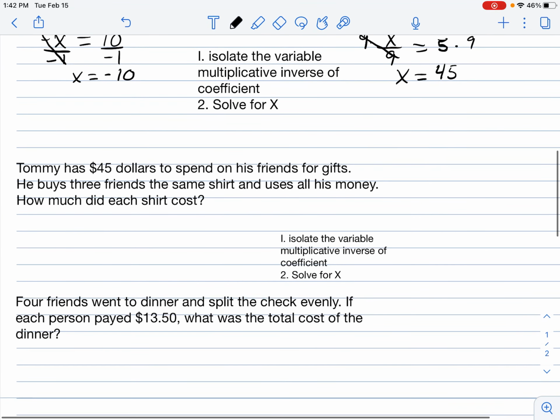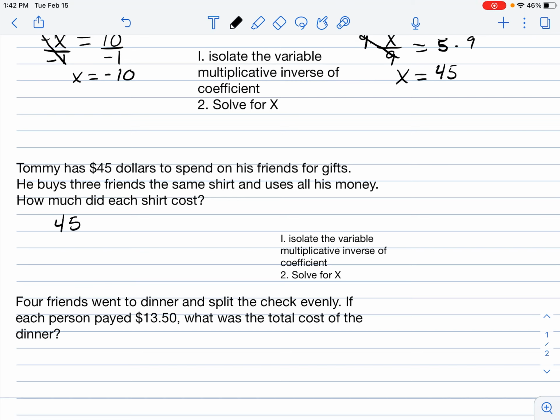Okay, last thing we want to look at here is writing equations for one-step equations, and then also solving. So here it says Tommy has $45 to spend on his friends. For gifts, he buys 3 friends the same shirt and uses all his money. How much did each shirt cost? So here we assume it's the same shirt, so it should be the same price.